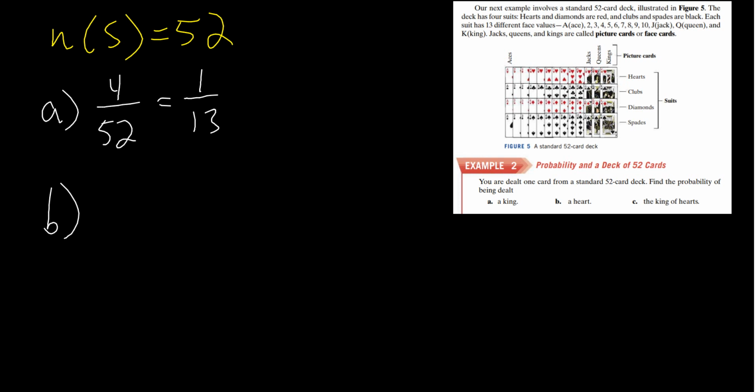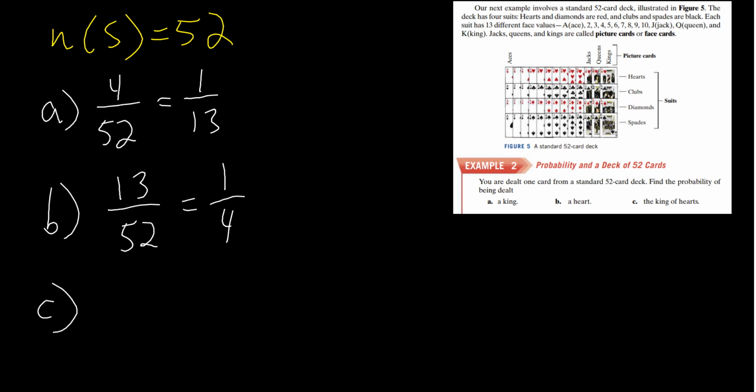All I do is take that 13 and divide it by my sample space, 13 divided by 52, which is 1/4. Sorry, 1/4. There we go. So there is a 25% chance that the card I'm dealt is going to be a heart.